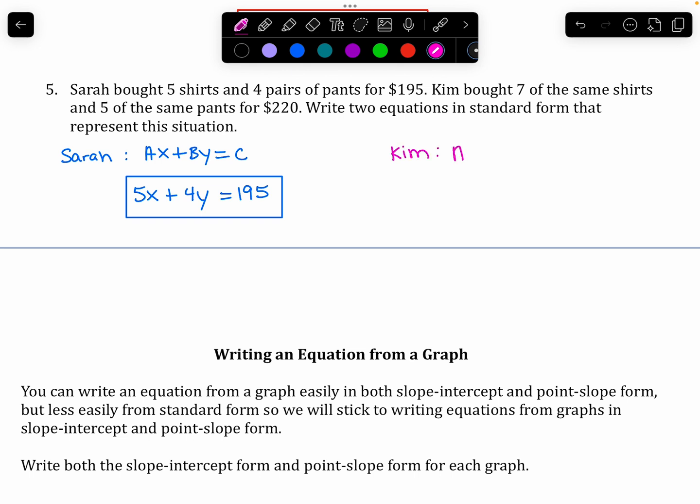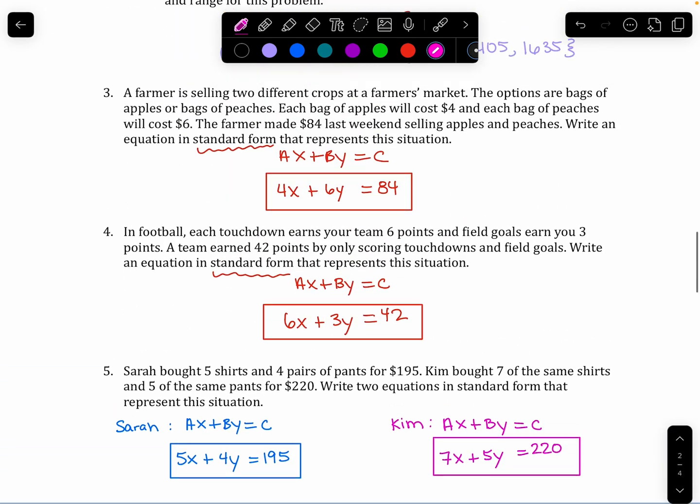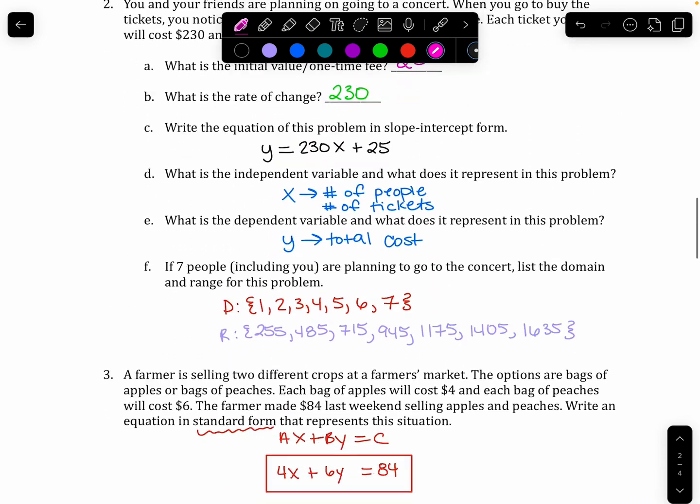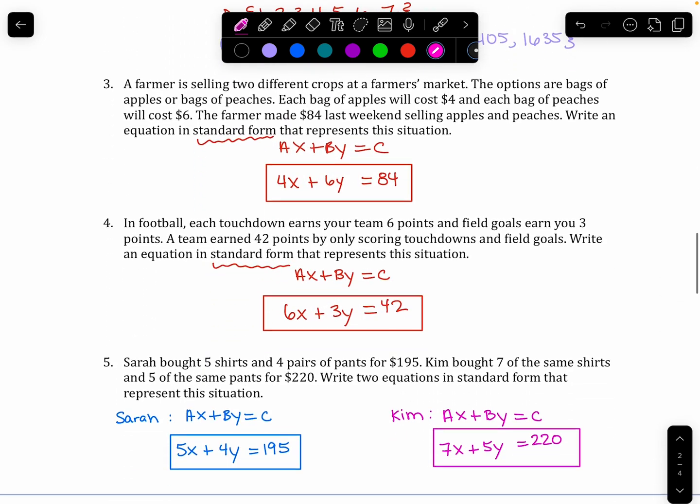And then Kim will be pink. Sorry, her name is Kim, not Kimberly. She is also going to have an equation that represents her purchases. Her total was $220, and she bought 7 of the same shirts and 5 of the same pants. So here we have 2 standard form equations for each of these 2 people when we compare the same shirts and the same pants. So that's how you would write an equation in standard form.